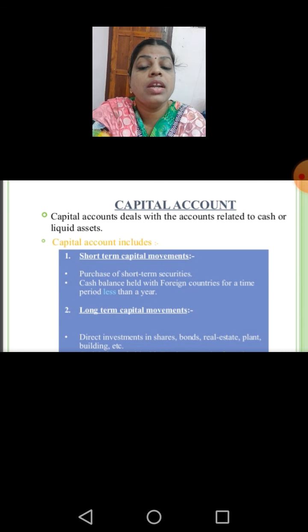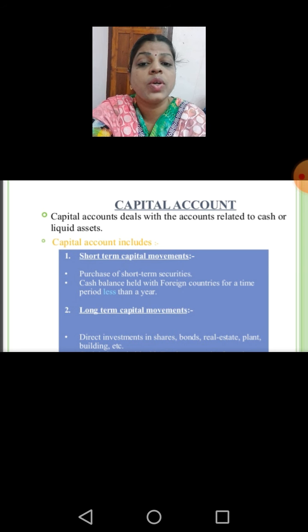Whereas long term capital movements means it is more than 1 year.